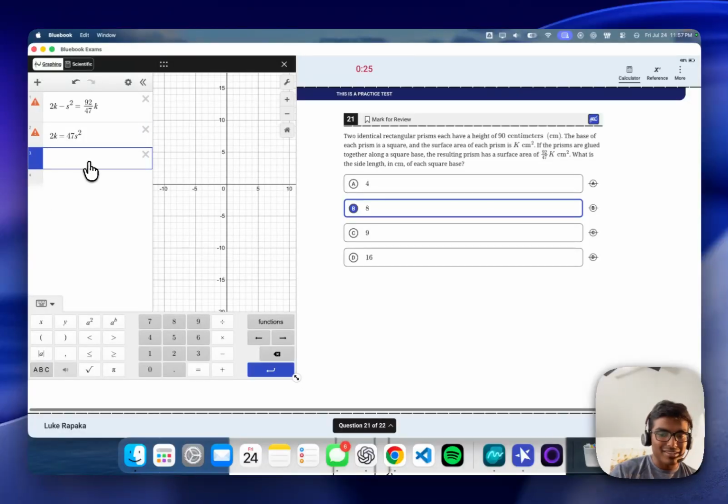Okay, I think we might have messed this one up. So 2k, and then k is, what is that? That's like 2s squared plus 360s equals 47s squared, 360s, 4s. Yeah, I think I just messed this one up. Okay, let's leave it at 8.